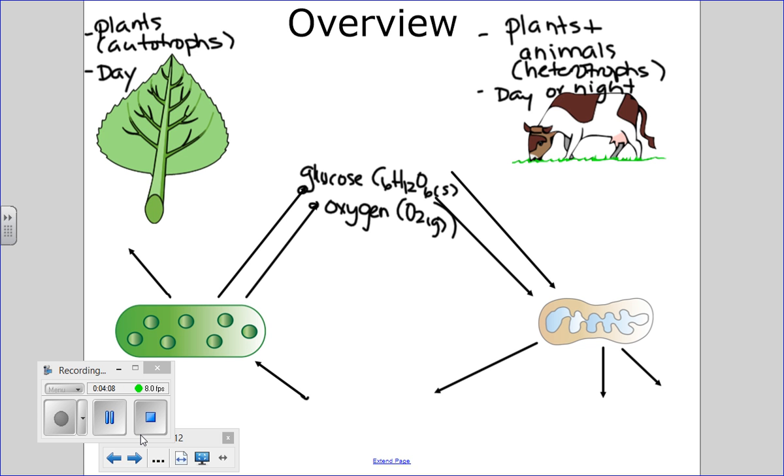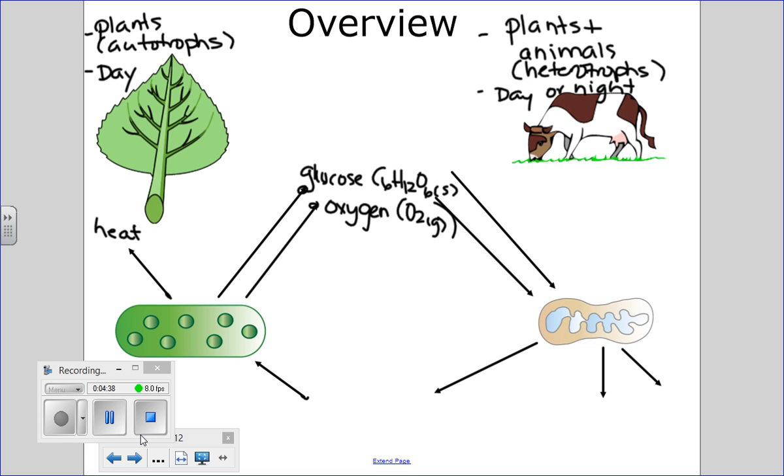Now you'll notice over here on this side, there's another arrow kind of going off to the side. And one of the things that you might recall learning in Science 10 or perhaps some other chemistry class or science class is that any time a chemical reaction happens or any time energy changes form, there is always some energy that is, sometimes we say lost, which isn't really the best word, but energy that is wasted in the form of heat.